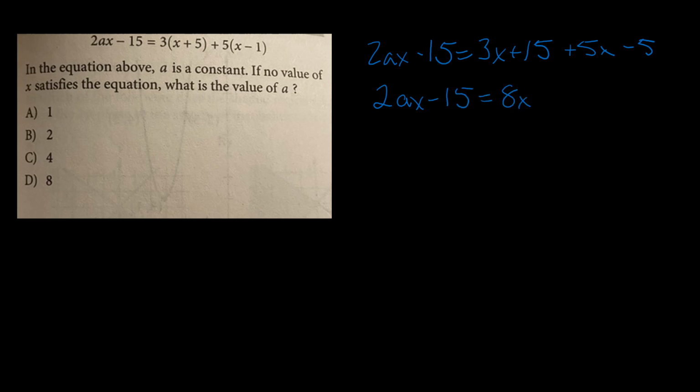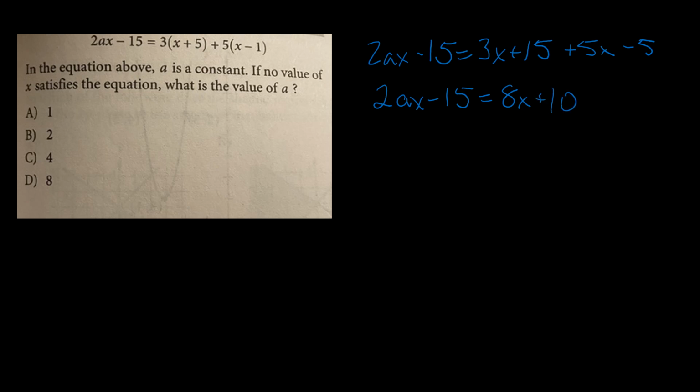In the system of equations above, a is a constant. If no value of x satisfies the equation, what is the value of a? Okay, well, the first thing I'm going to do is write my equation over here. And I'm going to distribute these values on the right and hopefully make things a little more clear for me. 2ax minus 15 equals 8x plus 10.